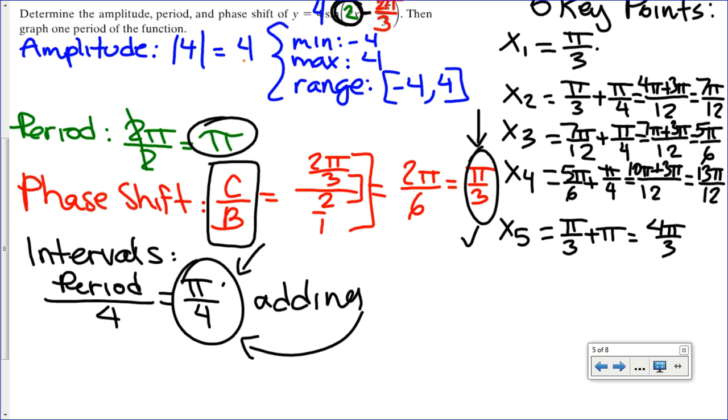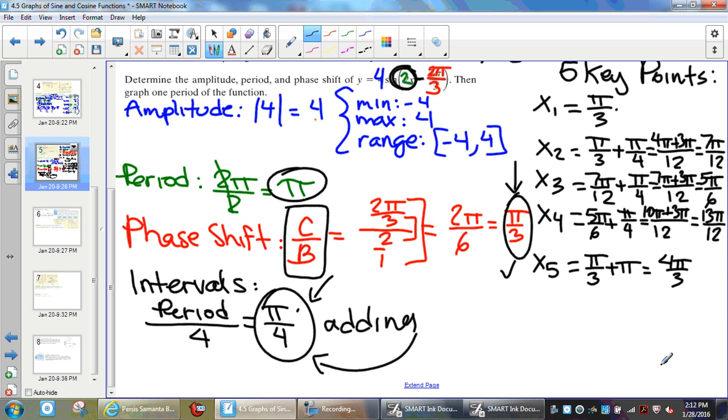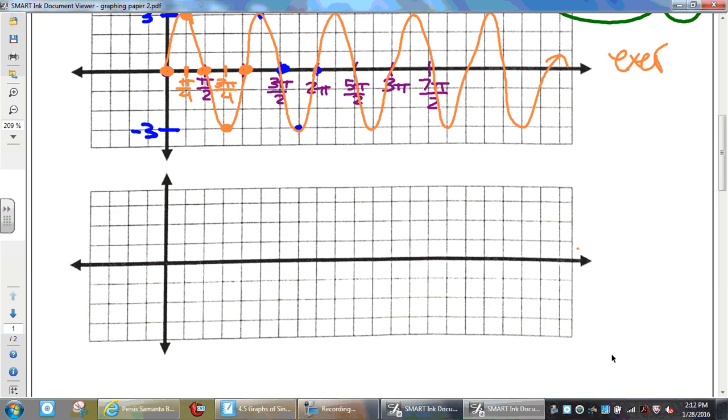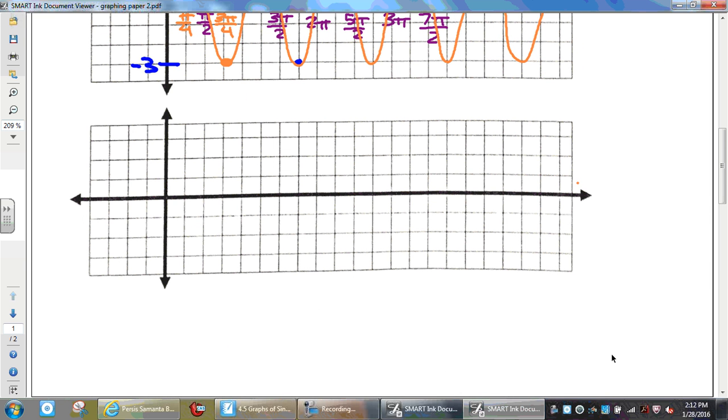Now for your x-axis, I will just label it to whatever is convenient to you. What is the biggest denominator we have here? 12. So why don't we go for pi over 6 intervals? Yeah, let's do pi over 6 intervals. What was the amplitude? 4.